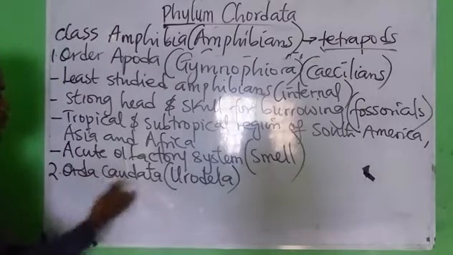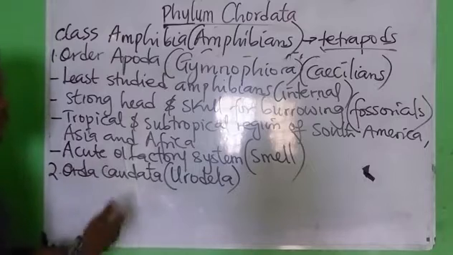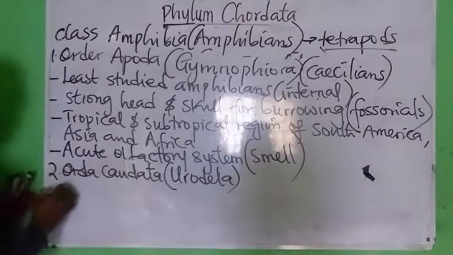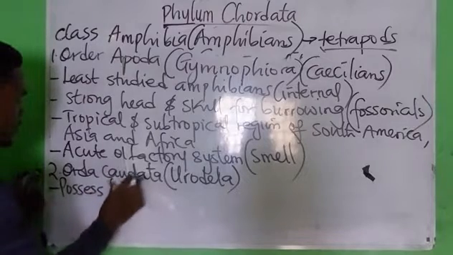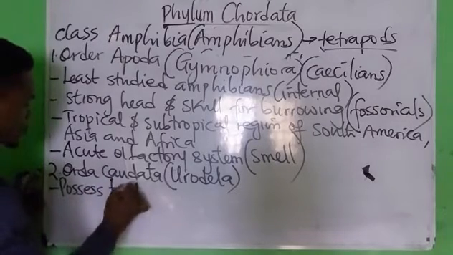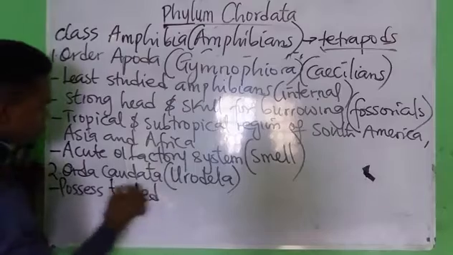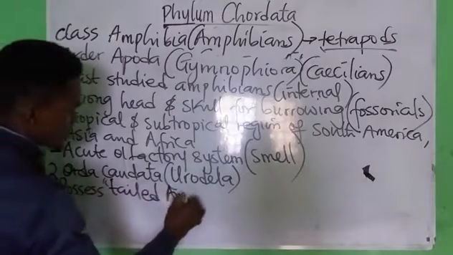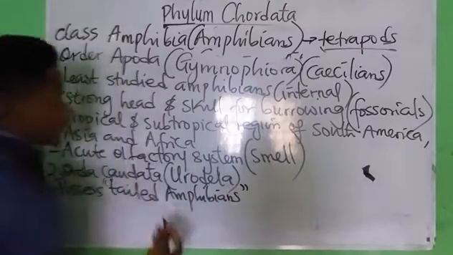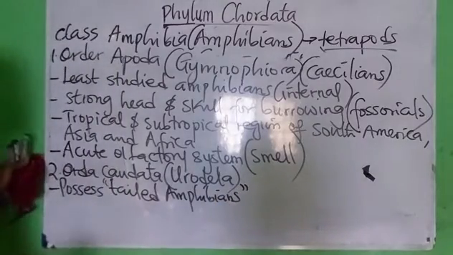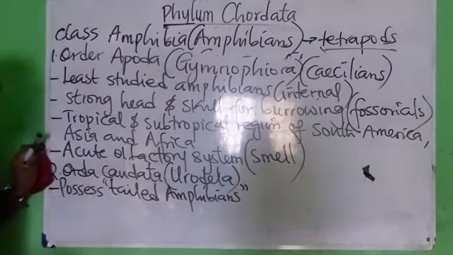They are called chordates or urodeles because they possess tail. You therefore say they are tailed amphibians. From the word caudal vertebrae. No, caudal vertebrae is found in the tail region.